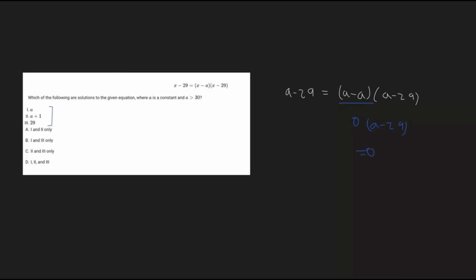And we know 0 is not equivalent to the left side of a minus 29. And therefore, we can rule out number 1 as an answer choice. And so anything in our answers with number 1 in them is going to be incorrect. So A is wrong, B is wrong, and even D is wrong. And we only have one answer choice left, and therefore that is the answer of choice C.